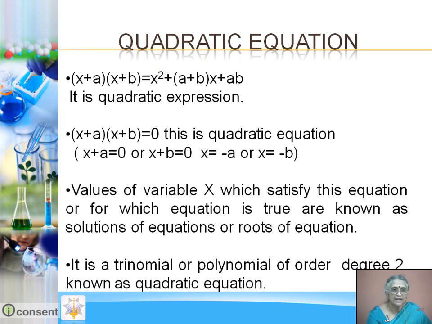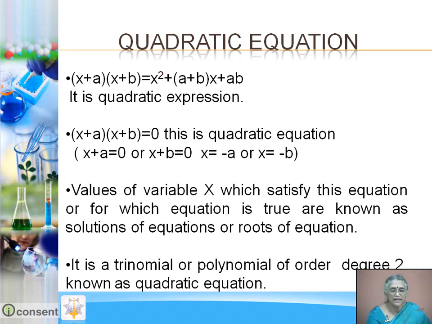Now when (x + a)(x + b) is equal to 0, we call this a quadratic equation. When the product of two terms is 0, obviously either must be 0. So x + a is equal to 0 or x + b is equal to 0. That means x is equal to minus a or x is equal to minus b.